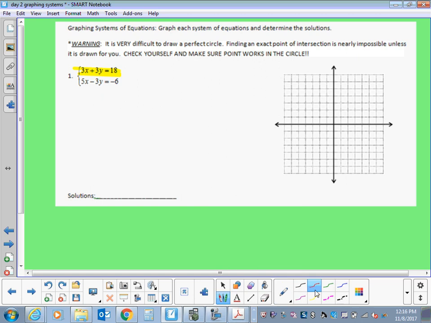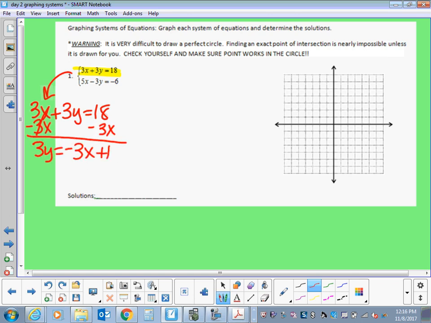Let's put the first equation, I'll solve it over here to the side. 3x plus 3y is equal to 18. How do I solve for y? Subtract 3x from each side. So we get 3y is equal to negative 3x plus 18.